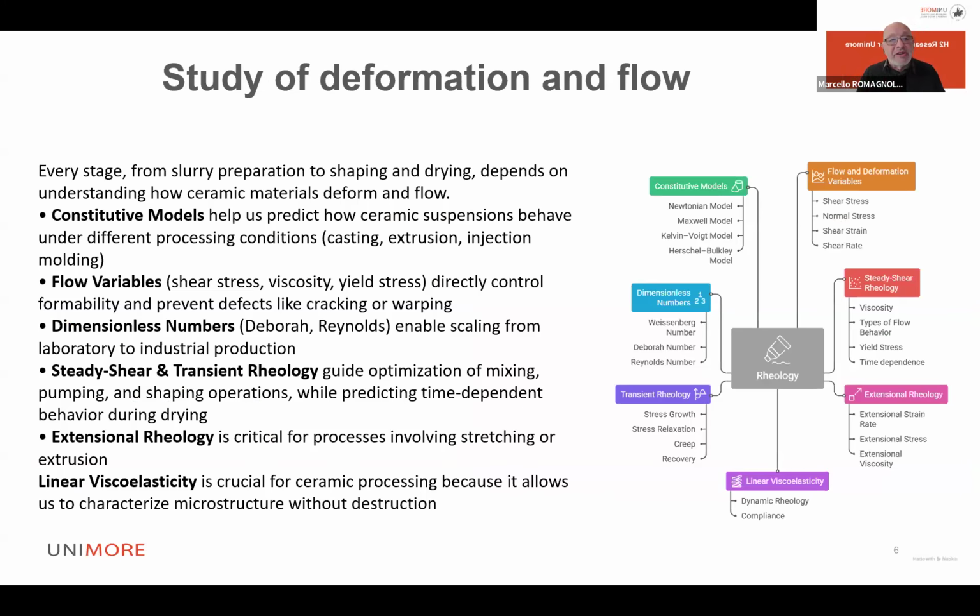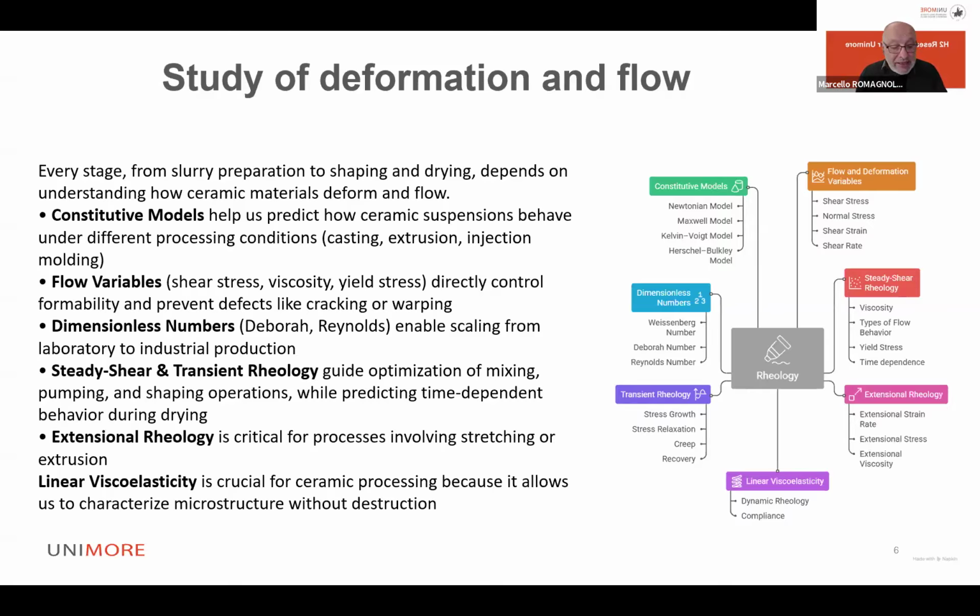So in this slide, in this map, I want just to show you how broad is the field of the rheology. When we talk about ceramic processing, every stage depends on several variables. We have steady shear rheology when a suspension travels, for example, in a pipeline, but also transient rheology for phenomena like thixotropy, when a material flows when agitated and solidifies when left to settle.